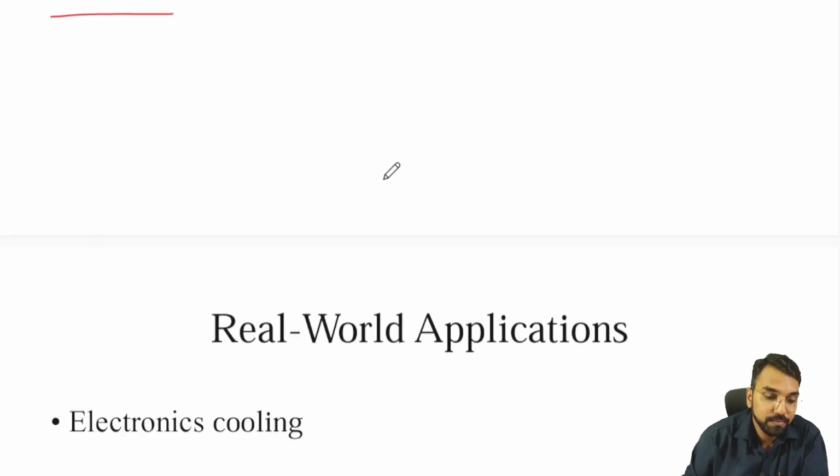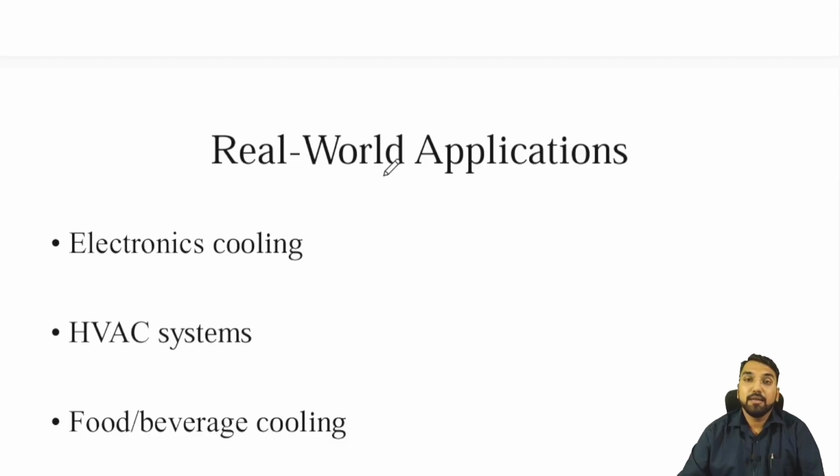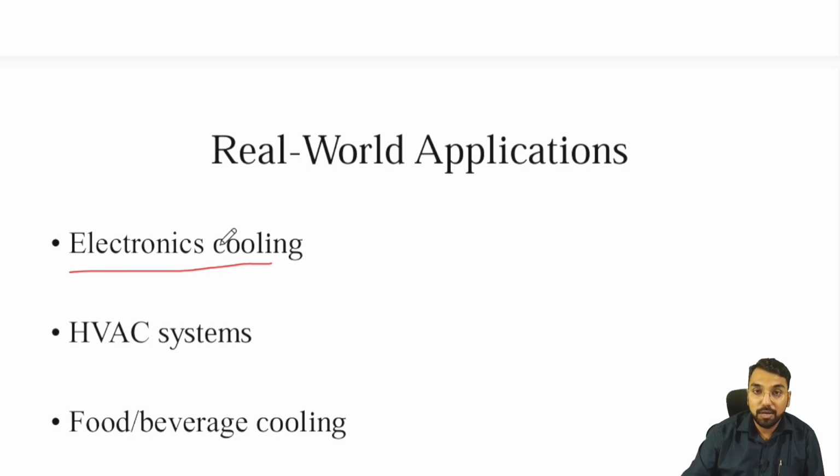So, real world applications. Newton's law of cooling applies in the real world, such as electronic cooling, where electronic devices are cooled by a fan blowing air, and that air has certain properties like density or temperature. There we have to calculate how much heat has to be extracted, and so what capacity of fan we have to install.